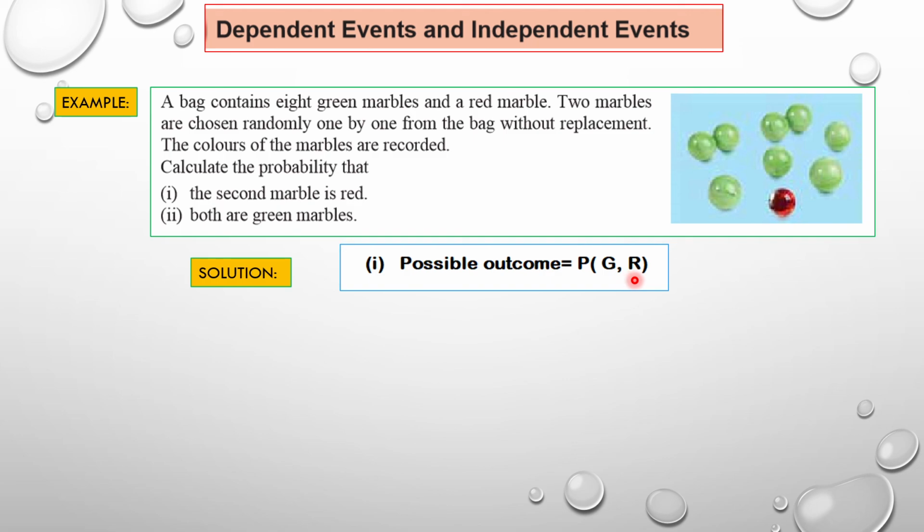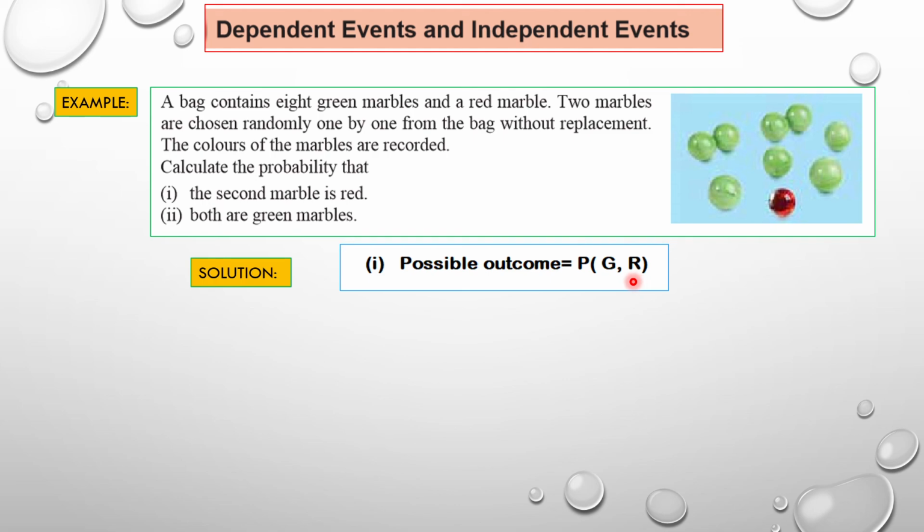Okay, so there is no other possible outcome. We cannot put the red as the first outcome followed by green. That will be wrong, because here they ask you to calculate the probability that the second marble is red. So the possible outcome can be written as GR.